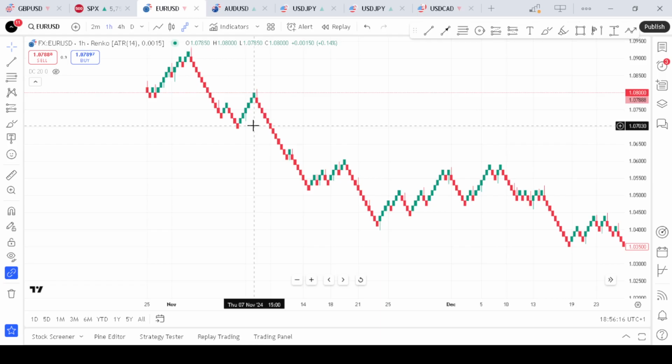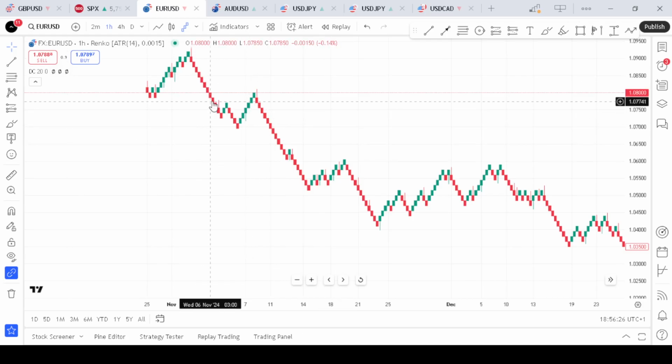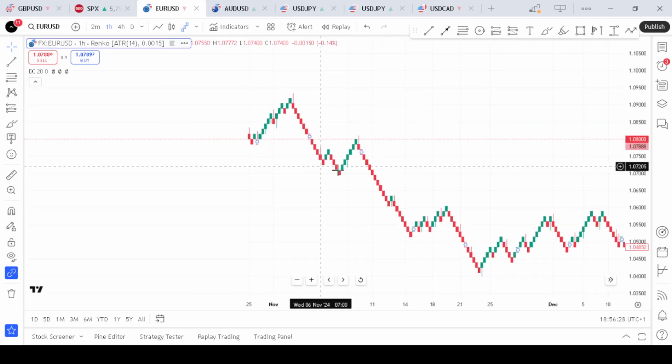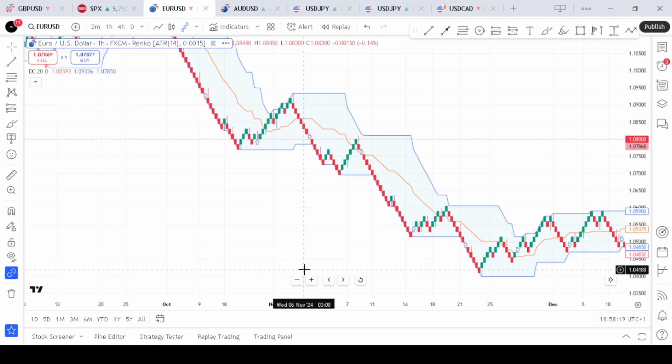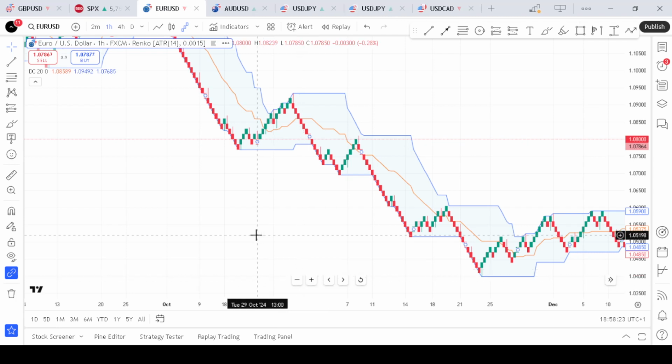While the Donchian channel is a technical indicator used to identify trends. Turning this indicator on, this is how the indicator looks. It is used to identify trends, potential breakouts, and volatility in the market.